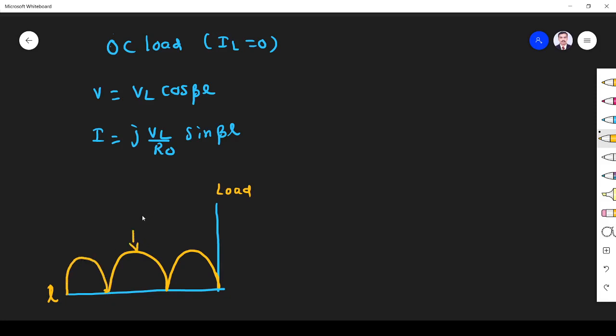This is for I. So at open circuit, voltage will be maximum. So the maximum will be like this. It is going like this. Again it will be like this, from here like this, again it goes like this, from here like this.